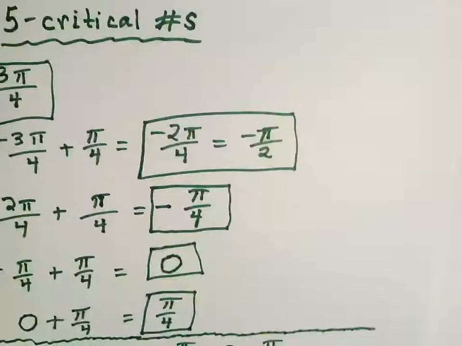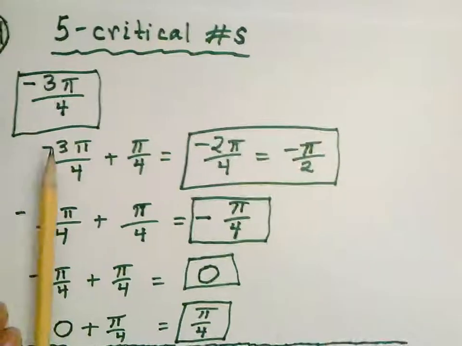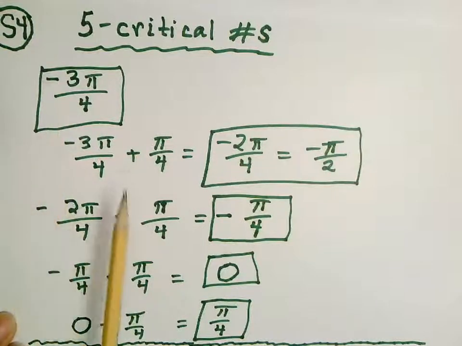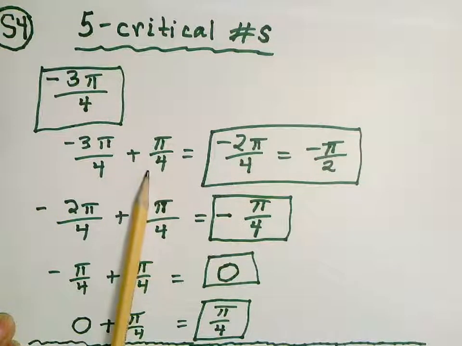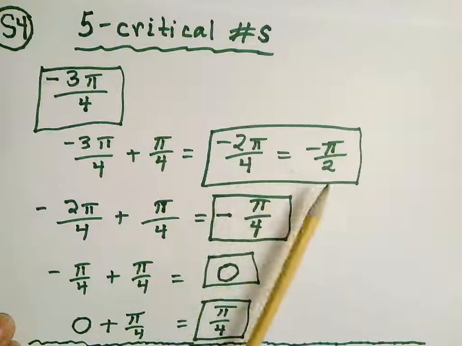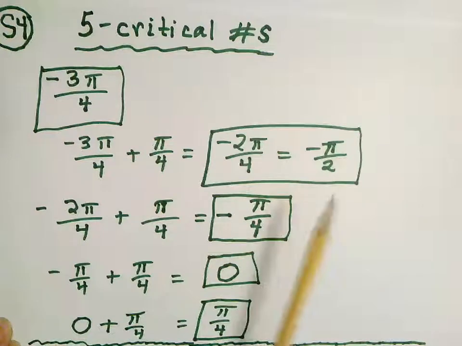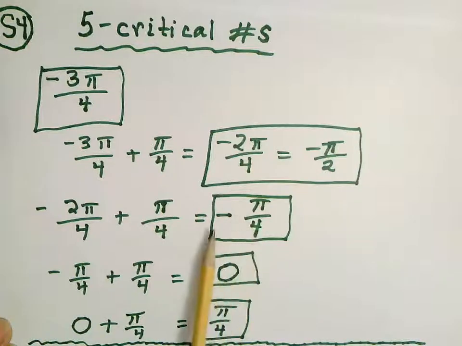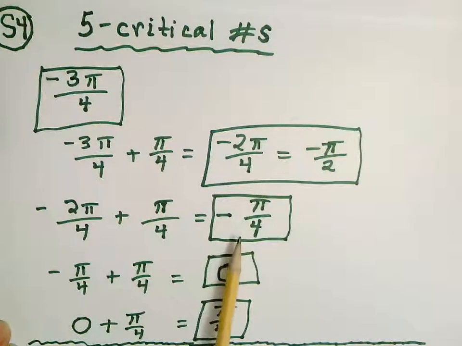Our step 4 is to find the 5 critical numbers. Well, the first critical number we got from our inequality. Then we add our increment, and we're getting negative 2 pi over 4, which reduces to a negative pi over 2. We take our negative 2 pi over 4 and add the increment to get the negative pi over 4, because remember, we can only add and subtract fractions when we have like denominators.